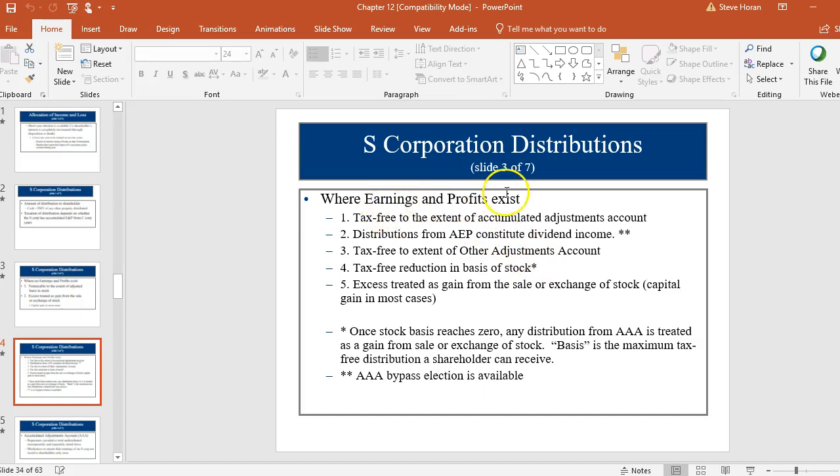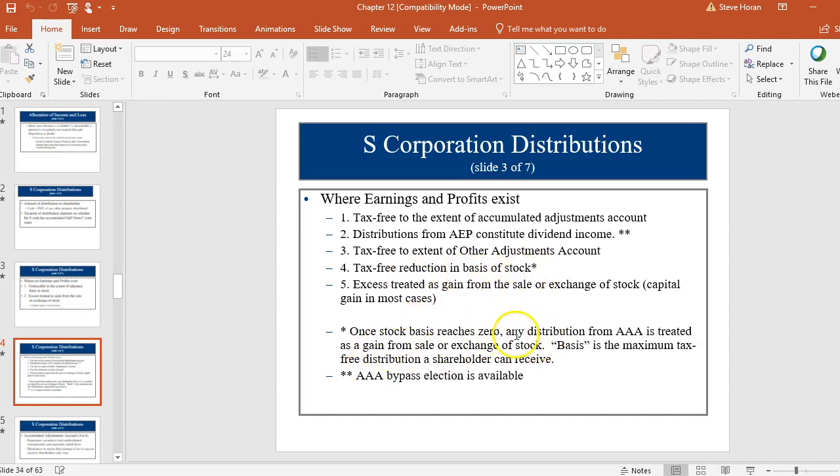So where earnings and profits exist: tax-free to the extent of the accumulated adjustments account, distributions from AEP constitute dividend income, tax-free to the extent of other adjustments account, tax-free reduction in basis of stock, and excess treated as a gain from the sale or exchange of stock, capital gain in most cases. So little asterisks here, the single asterisk right here.